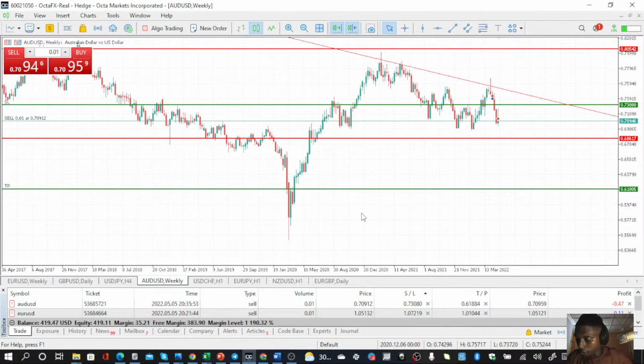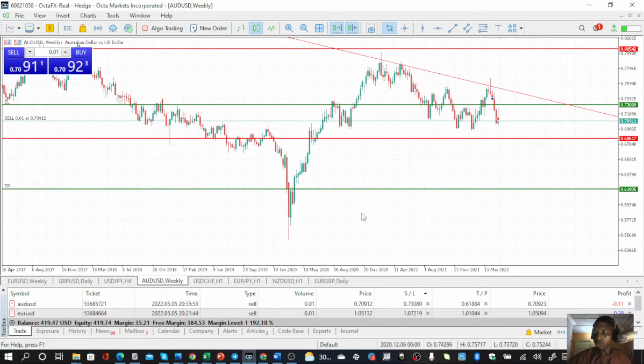Okay, someone said stop loss and take profit. Someone said entry level and stop loss. Someone said determine the stop loss and resistance level. Someone said market structure. Good.